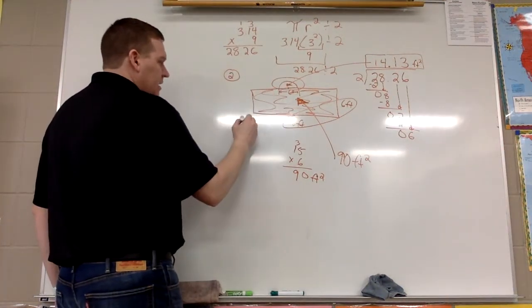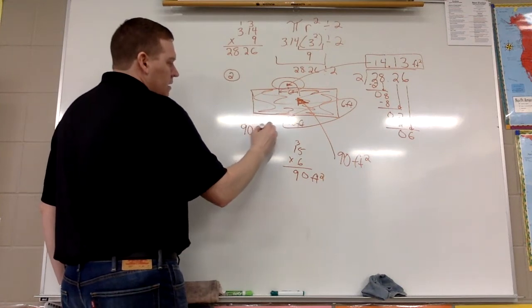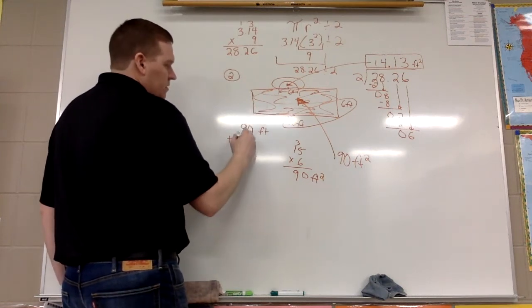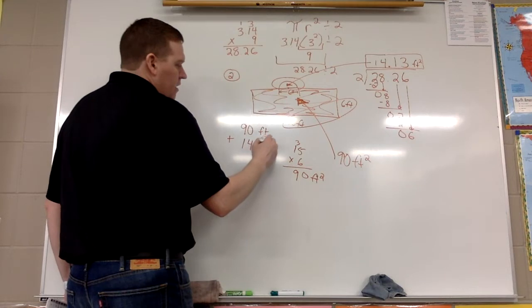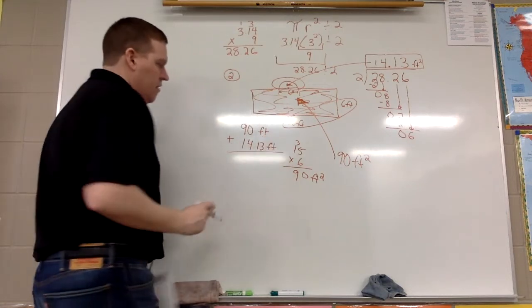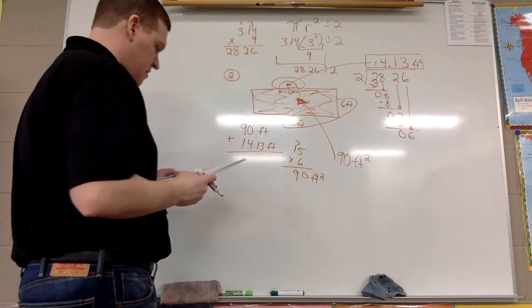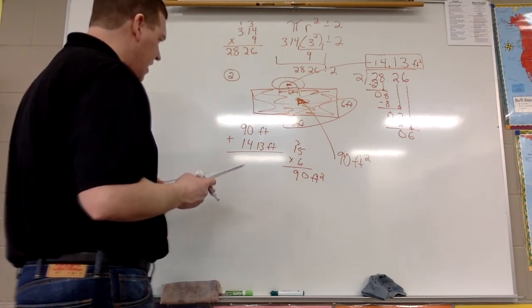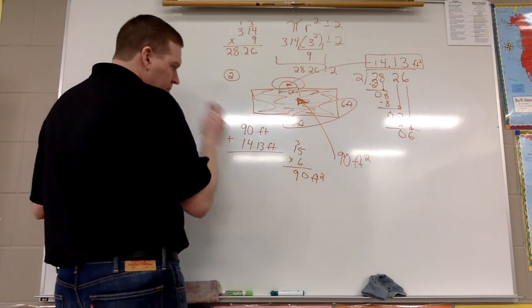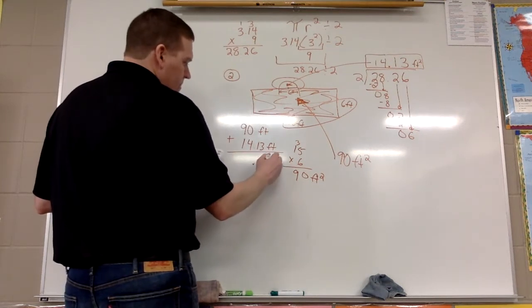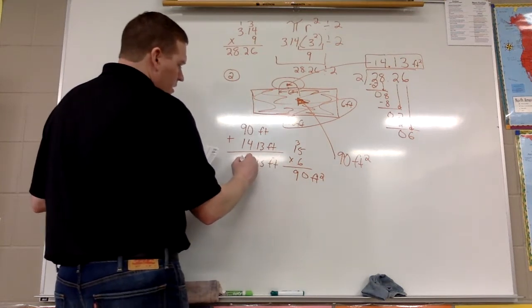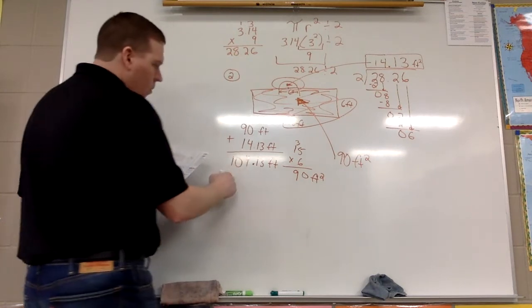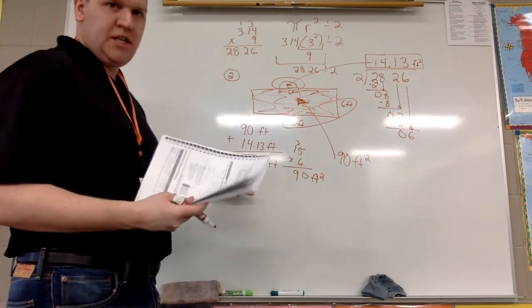So I get 90 feet plus, make sure I line up my decimal, 14.13 of a foot, and I should get 104.13.